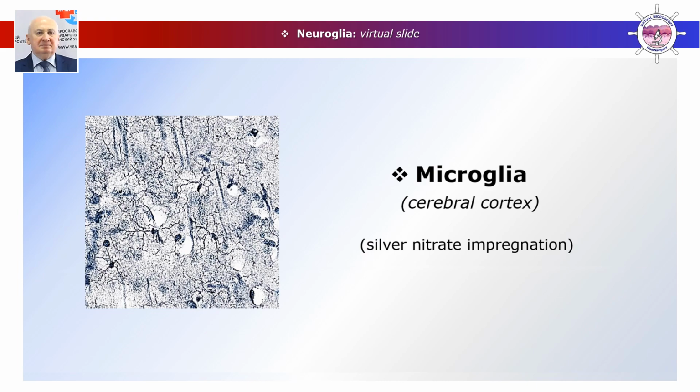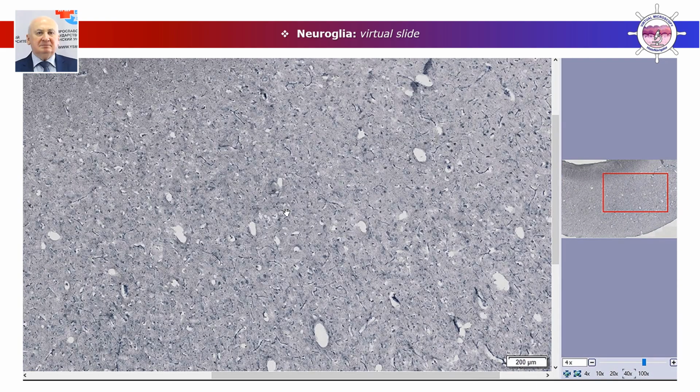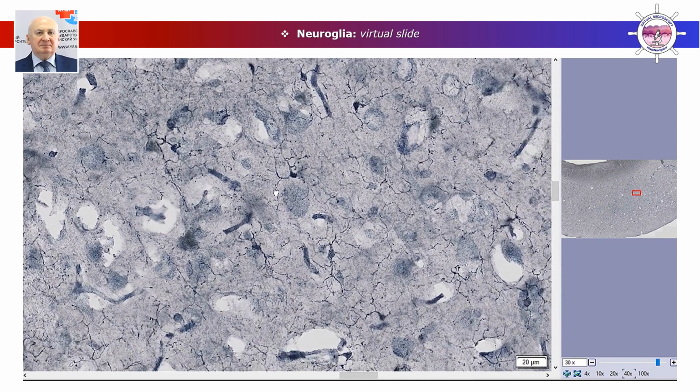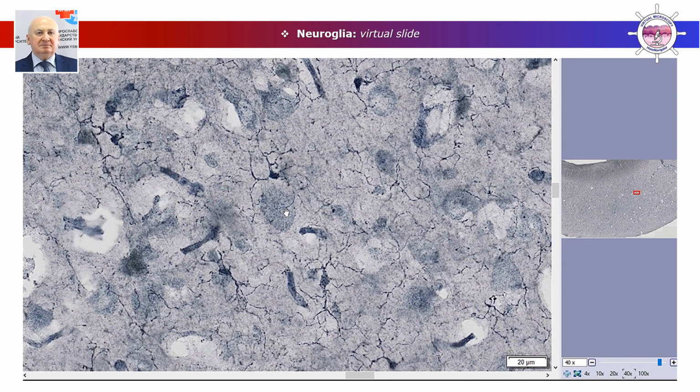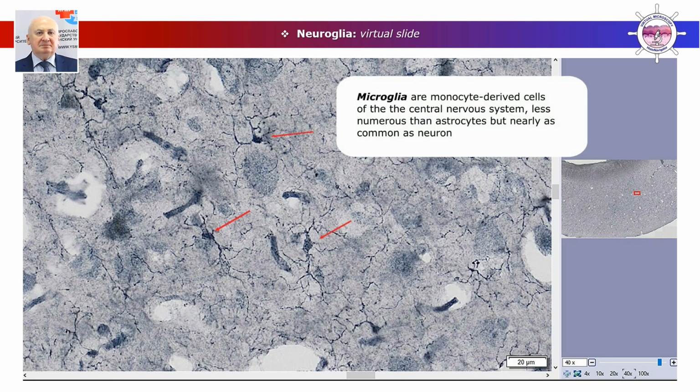Microglia. Microglia are monocyte-derived cells of the central nervous system, less numerous than astrocytes, but nearly as common as neurons.